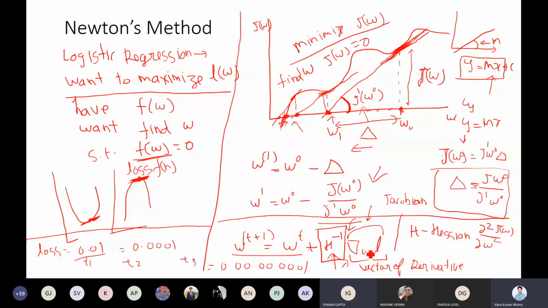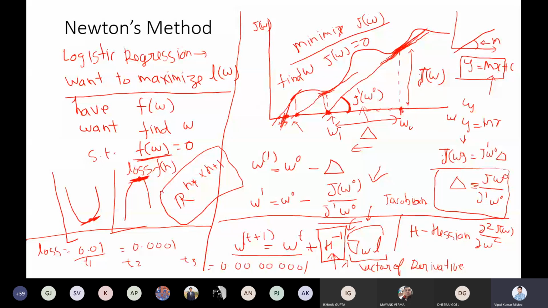So will the Hessian matrix always be invertible? The Hessian matrix is a square matrix. Suppose you have n features, so it will be (n+1) cross (n+1).